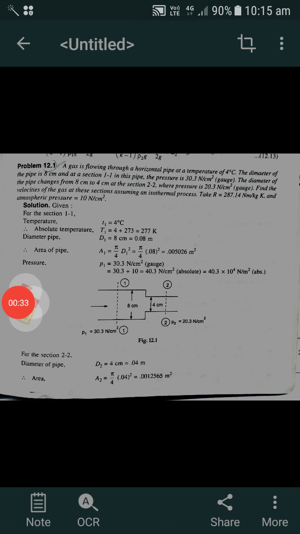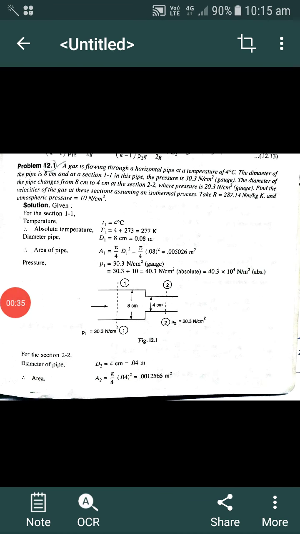A gas is flowing through a horizontal pipe at a temperature of 4 degrees Celsius. The diameter of the pipe is 8 centimeter and at a section 1-1 in this pipe the pressure is 30.3 Newton per centimeter square, which is given in terms of gauge pressure.